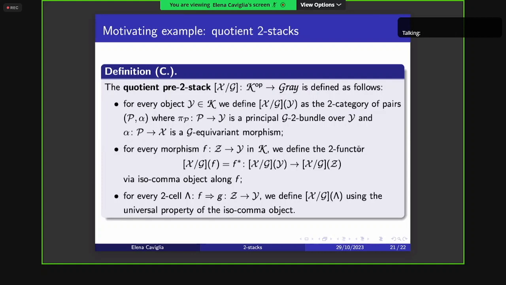So I wanted a definition of two-stack that is suitable for this three-dimensional object, and I think the definition I'm proposing is the right one. But the proof that quotient pre-two stacks are two-stacks is still work in progress. It's almost finished, but not yet. I hope to prove that this is a two-stack according to my definition.